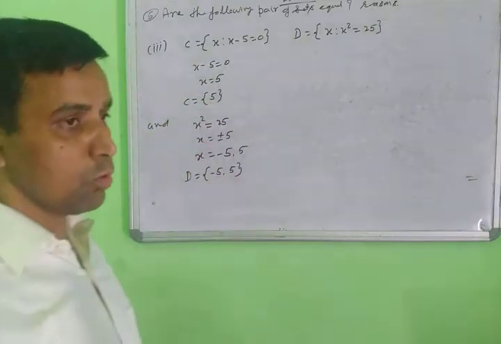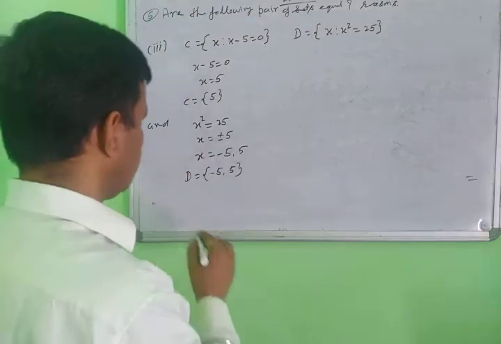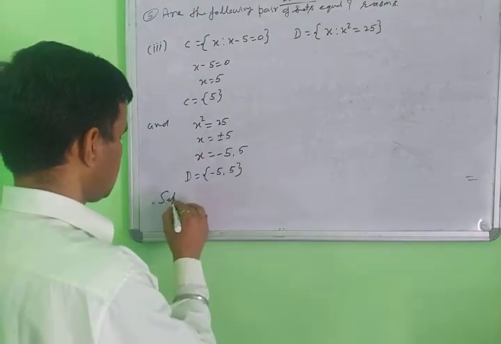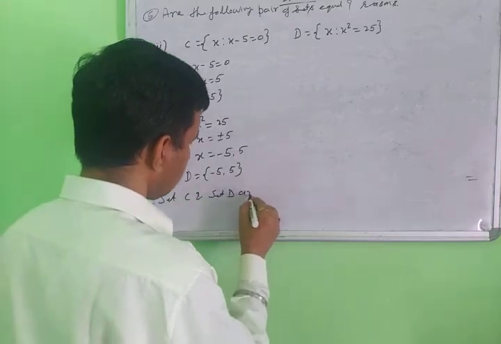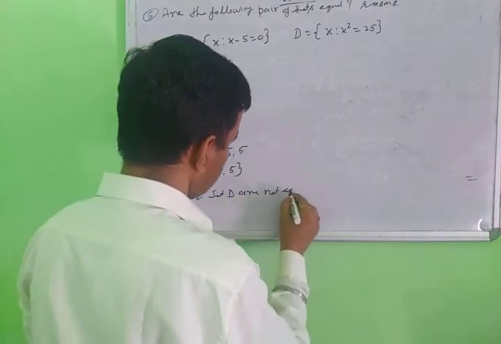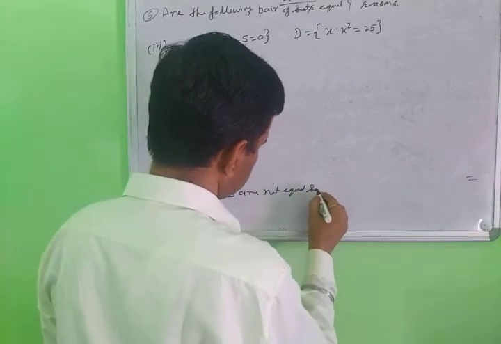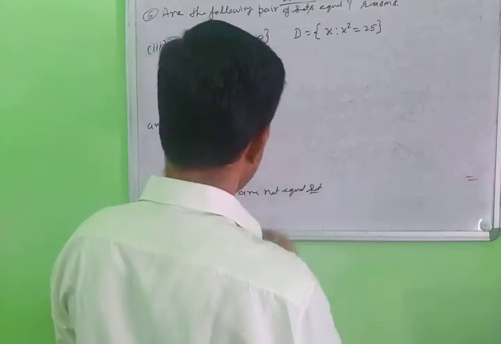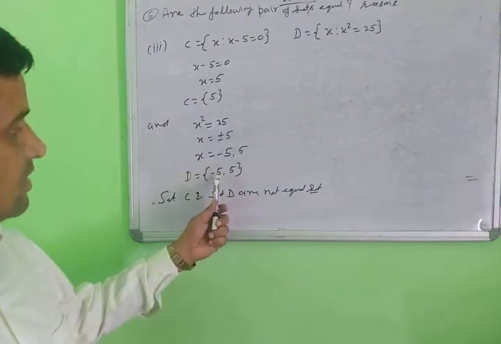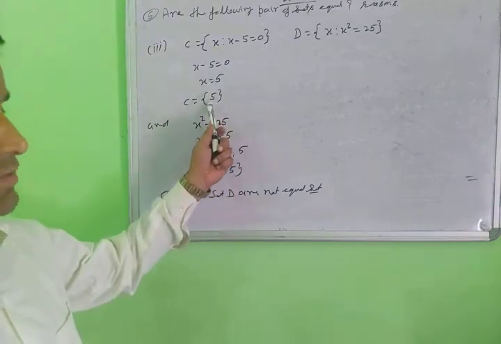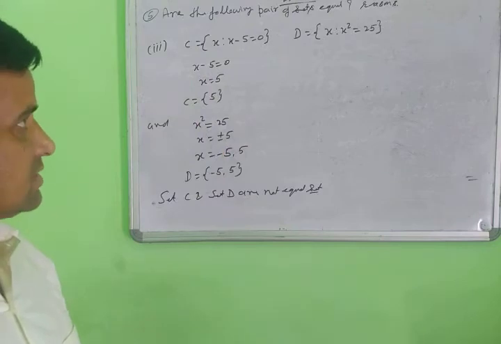That means both sets are not equal. Set C and set D are not equal sets because D has two elements, plus and minus, while C has only the positive one. So both are not equal sets. Just note down.